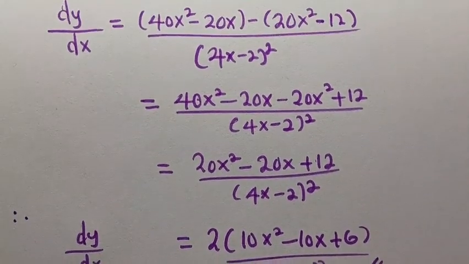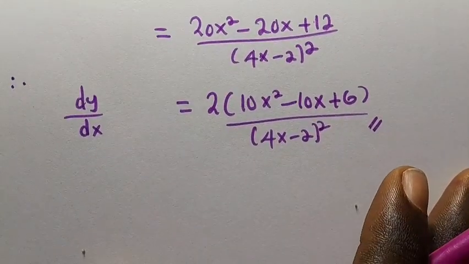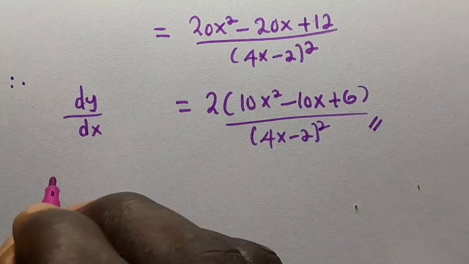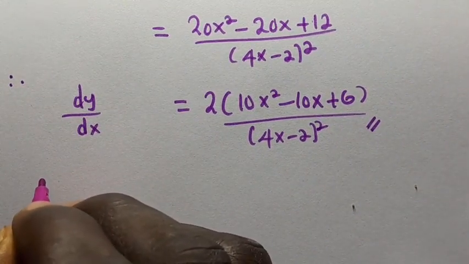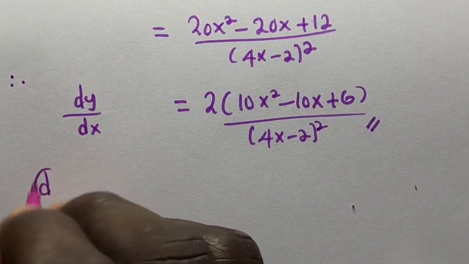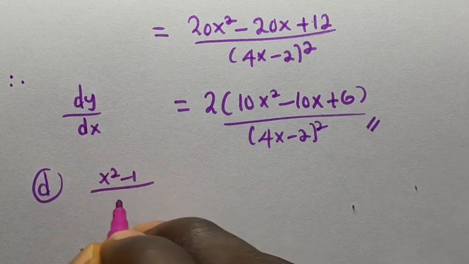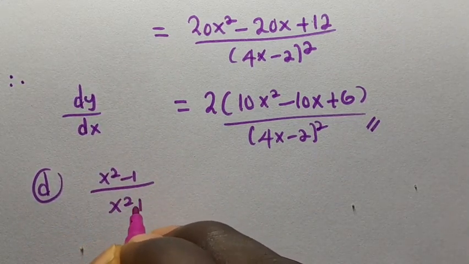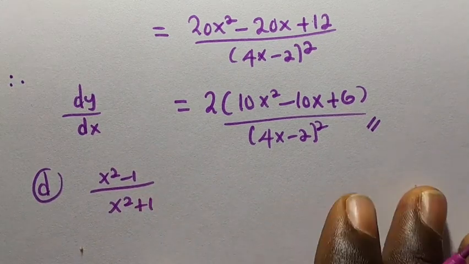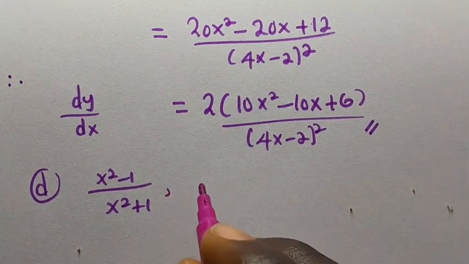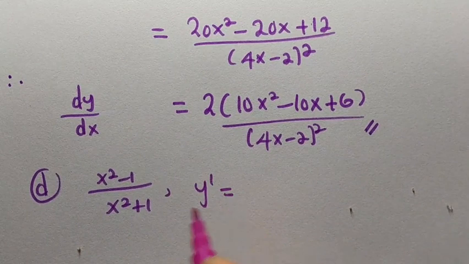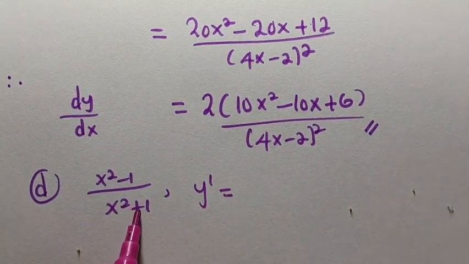And let me say we have example D. When you have (x squared minus 1) divided by (x squared plus 1). So this one is very simple. You can say y prime to be equals, this is our v.